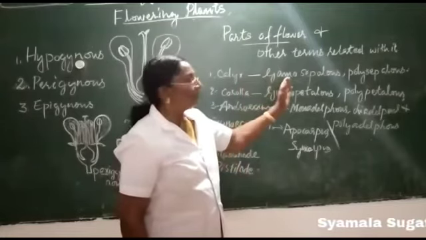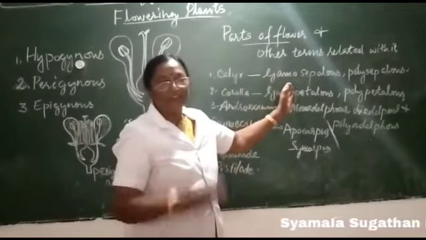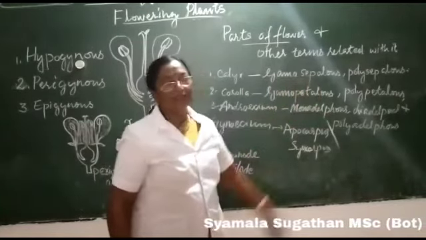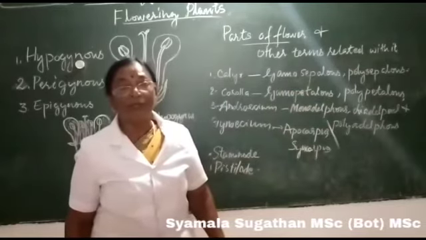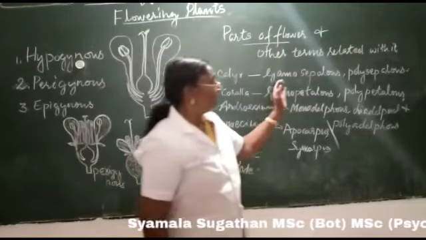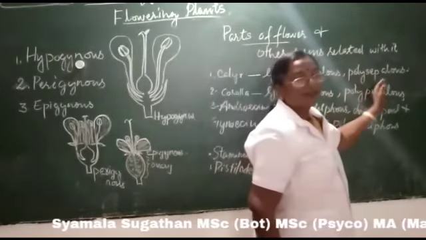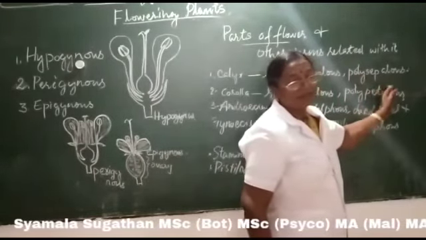Sometimes the sepals are united into a cup-like structure, which is called gamosepalous. When the sepals are free, it is called polysepalous.